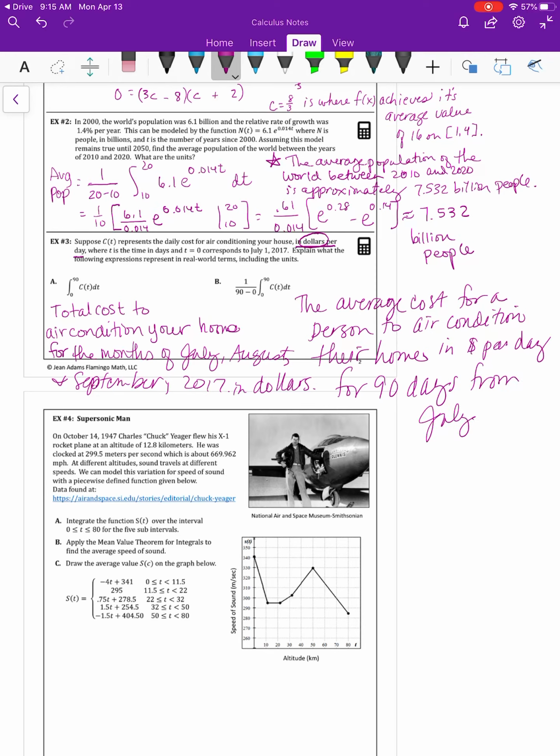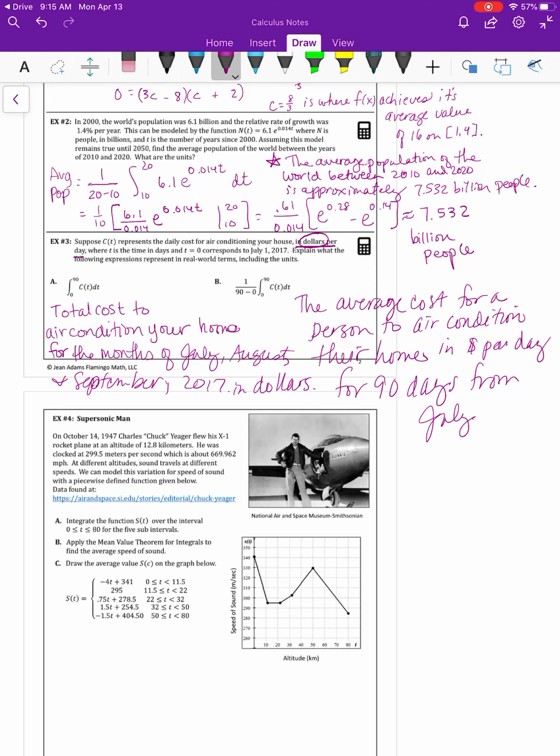And so, part A, integrate the function s of t over the interval from 0 to 80 for the 5 sub-intervals. Okay, and so for part A, they just want us to take it and put it into pieces.